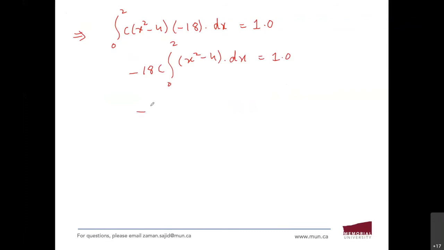So it will be minus 18 c. Now I integrate x here, it will give you x cubed over 3 minus 4x. These should have the limits of 0 to 2.